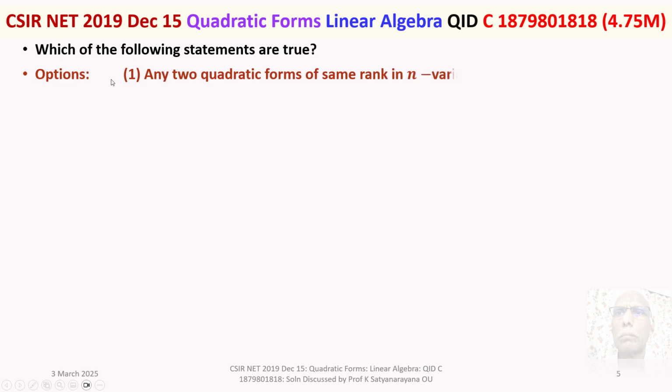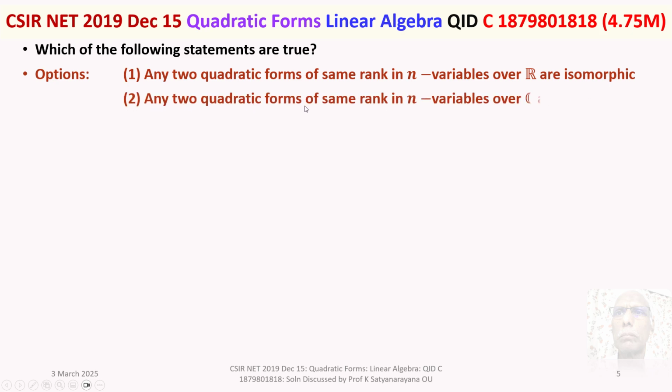Options. Option 1. Any two quadratic forms of the same rank in n variables over R are isomorphic. Option 2. Any two quadratic forms of the same rank in n variables over C are isomorphic.